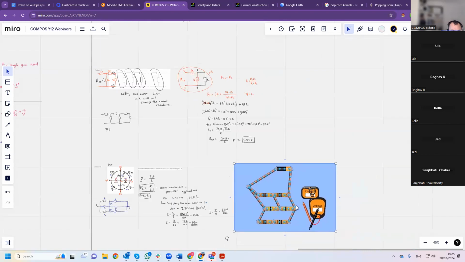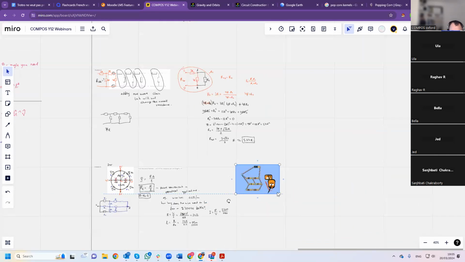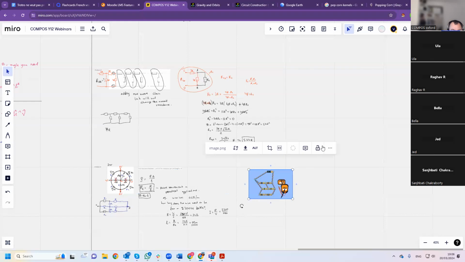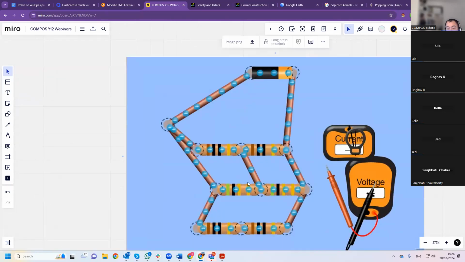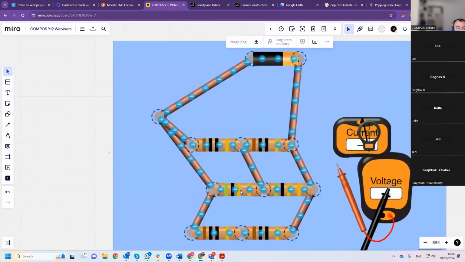Current only flows if there's a potential difference. And if there's no potential difference, current will not flow. We can say that here is 12 volts, plus 8 volts.